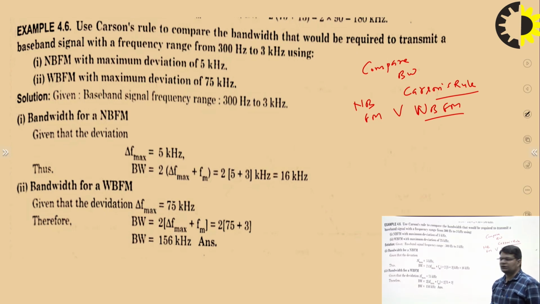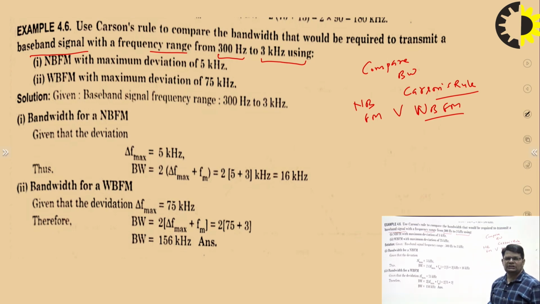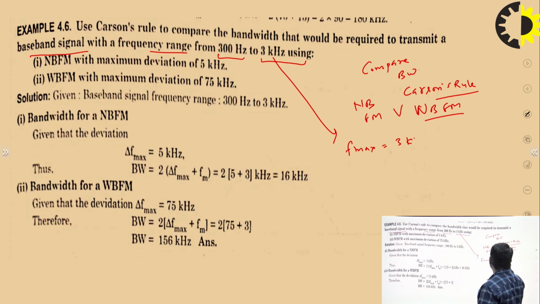As per the given values, we are given a baseband signal with frequency range 300 Hz to 3 kHz. So the baseband signal range is given, and fm max is 3 kHz.